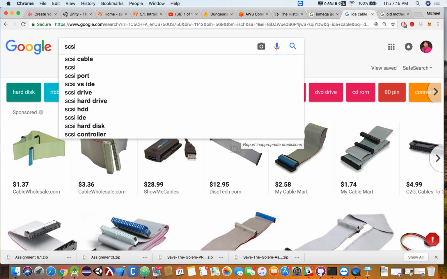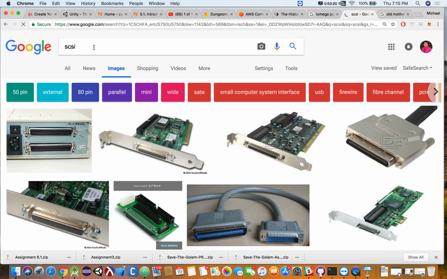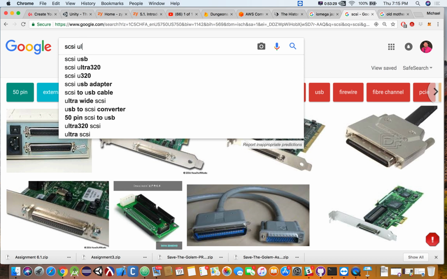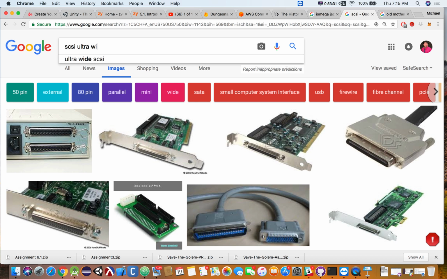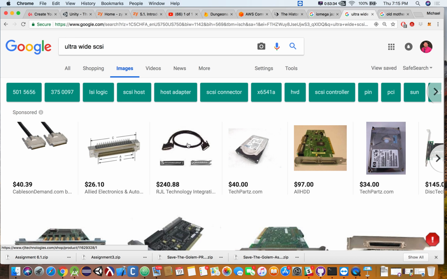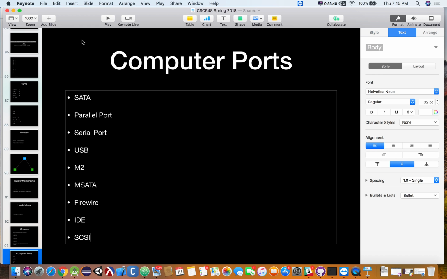If we do SCSI, there was a whole bunch of different SCSIs. We had a normal SCSI, then we had ultra wide SCSI. All sorts of different SCSI ports. So none of you have ever heard SCSI before? How many of you have seen that word before?